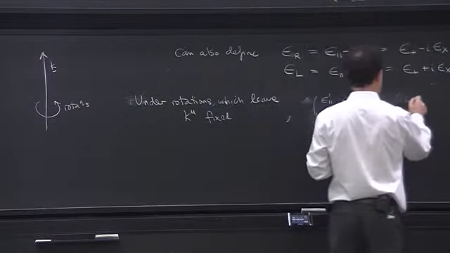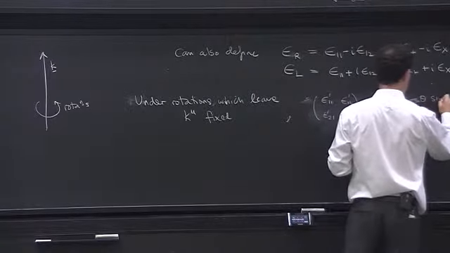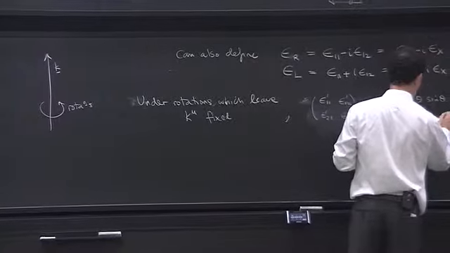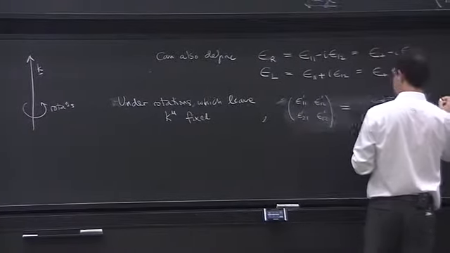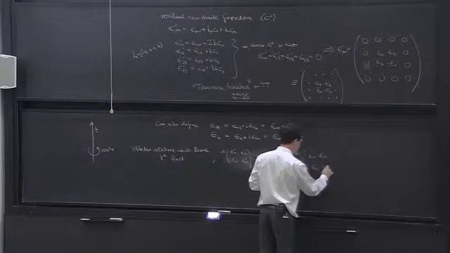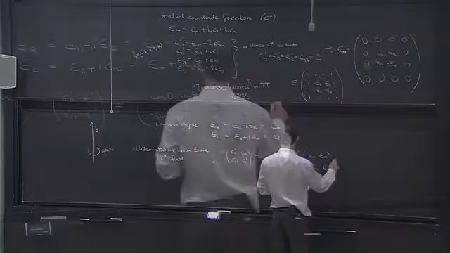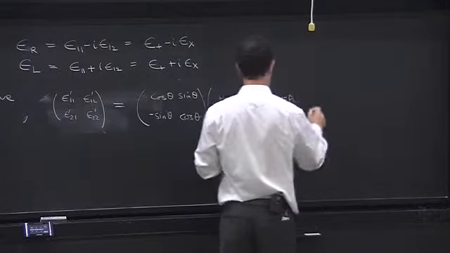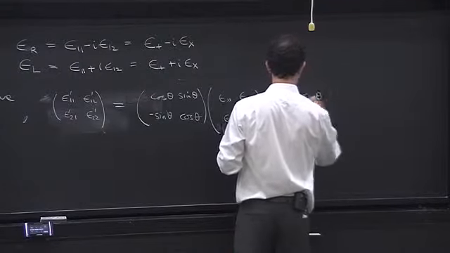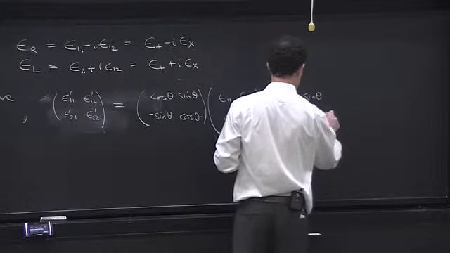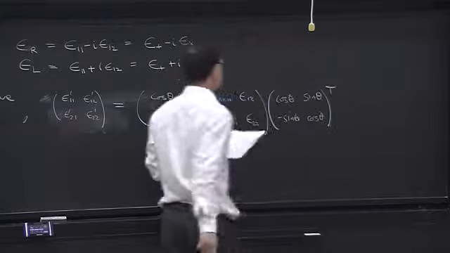These are given by cosine theta, sine theta, minus sine theta, cosine theta, times epsilon 1,1, epsilon 1,2, epsilon 2,1, epsilon 2,2, times cosine theta, sine theta, minus sine theta, cosine theta, transpose.